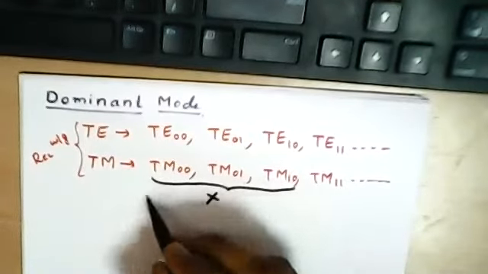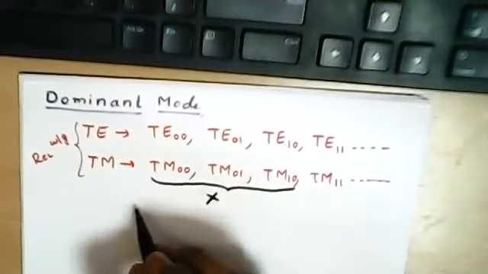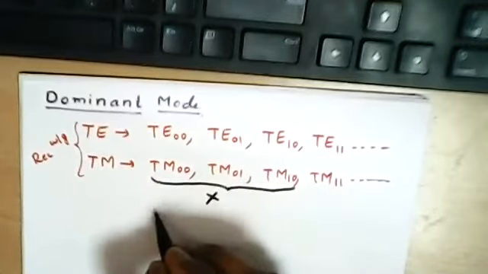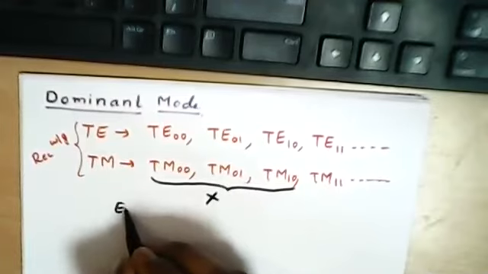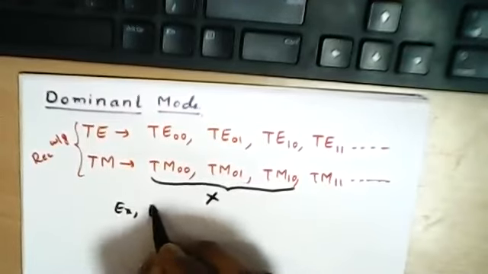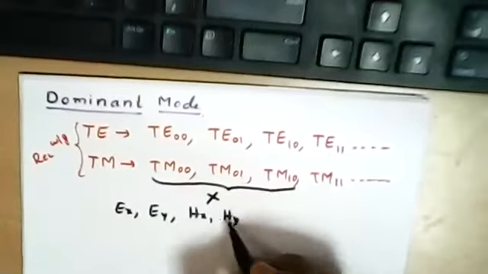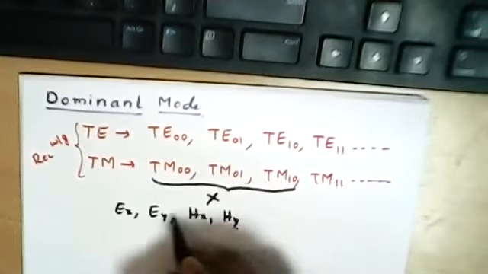These modes do not exist because, as we have derived in the wave equations for TM, we have Ex, Ey, Hx, Hy. We have derived the expressions of the TM modes for these four components.